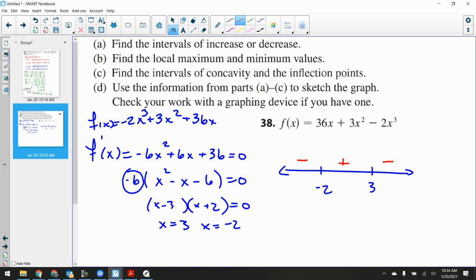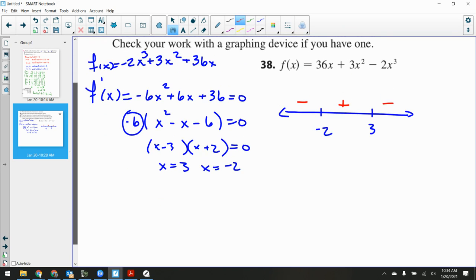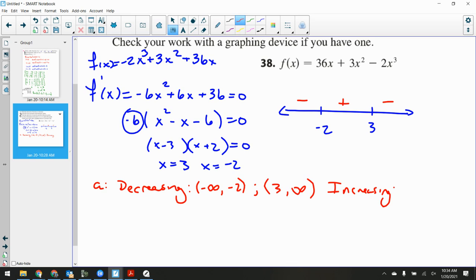All right, so now for part A, I can say that it's decreasing on the intervals -∞ to -2 and from 3 to infinity. And it's increasing on the interval from -2 to 3. I don't know why I wrote a bracket there. That's a parenthesis.